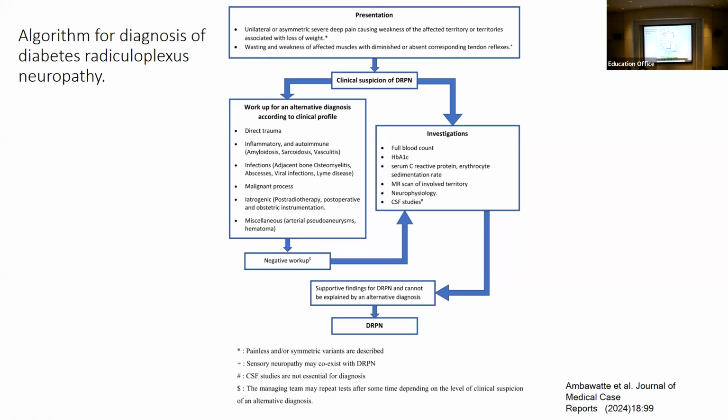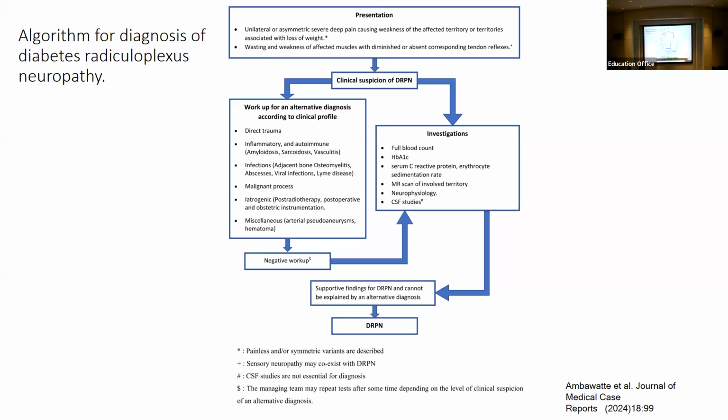One way is you want to rule out other diagnoses, looking at whether the patient has any trauma or any inflammatory autoimmune, infectious, or malignant process ongoing. On the other side, you want to check the usual labs for neuropathy, such as A1C, and some non-specific inflammatory markers such as CRP and ESR.